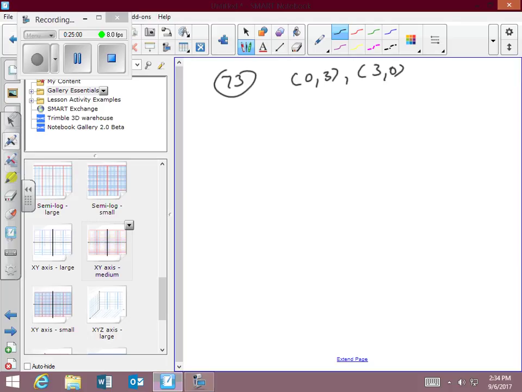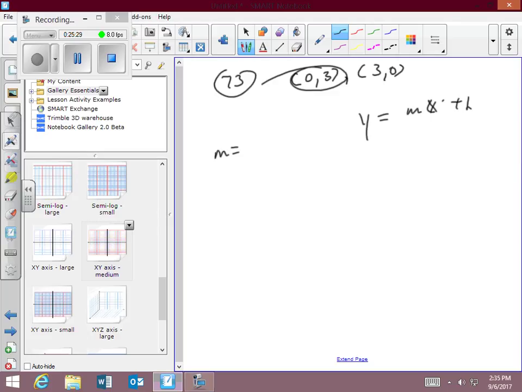One of those is a 0 in which position? Which one is the one that lets us use y equals mx plus b? It's this one right here, isn't it? It's 0, 3. So the b is going to be 3. So all we've got to do is figure out the slope, correct?